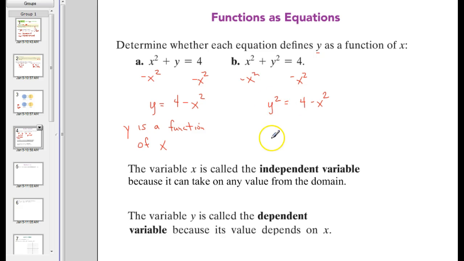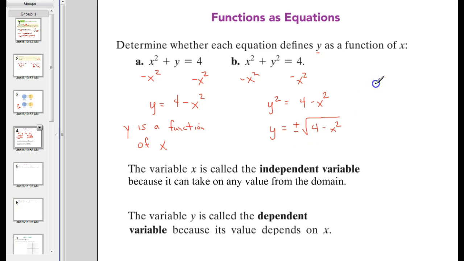Now at this step, when I take the square root of both sides to get the y isolated, I have to remember this other thing could have been positive or it could have been negative. And now you see the problem. If x is 0, I get y equals plus or minus the square root of 4, because 4 minus 0 squared would be still 4.